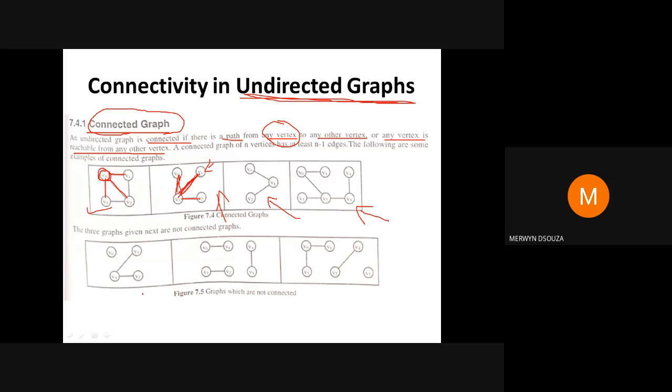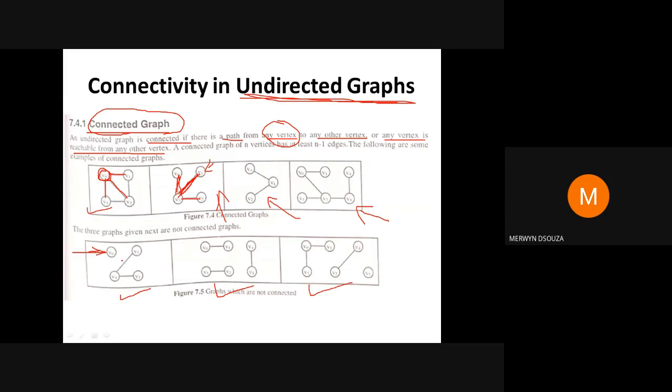Now you can see examples of graphs here at the bottom which are not connected. You can see here, for example, this vertex is an isolated vertex. There is no connection between that vertex and the other vertices.